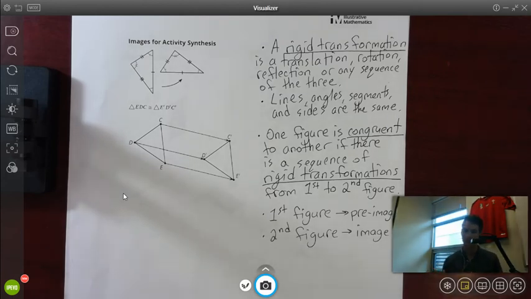And a reflection is where you take a shape and have a mirror image across a specific line where the new image is the same number of spaces away from the line of reflection as the old pre-image was. So there's some other things we want to talk about. We want to emphasize for rigid transformation, it could be a translation, a reflection, or a rotation, or any sequence of the three. It's always going to keep everything the same length, same measurement on all parts of the shape.